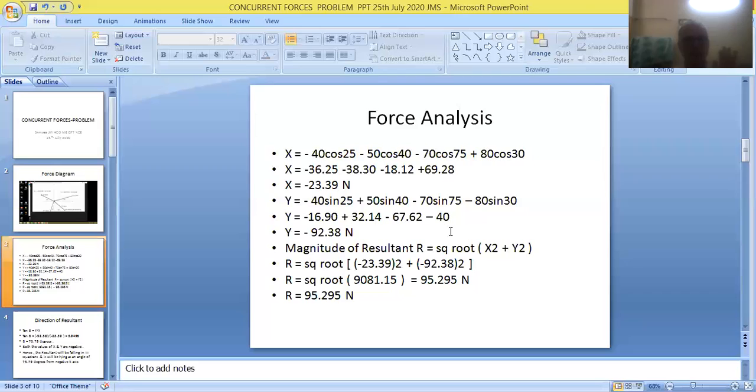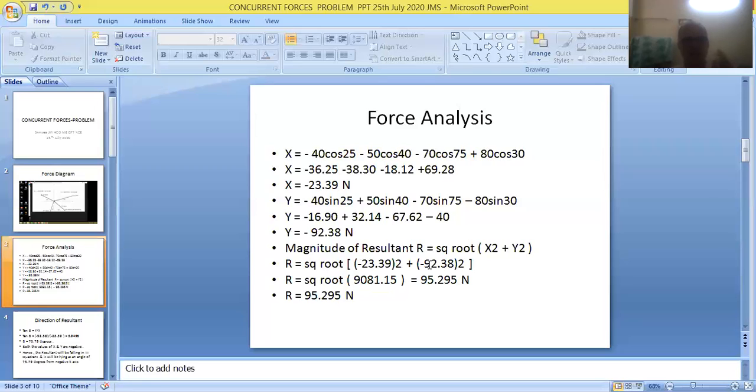All the other forces are shown in downward direction, so we are giving negative symbol. Now let us measure the value of sigma y. It is obtained as 92.38 newtons. It's a negative value. Here also we have 3 negative values, so the final value is also negative. So it is written as 92.38 newtons.